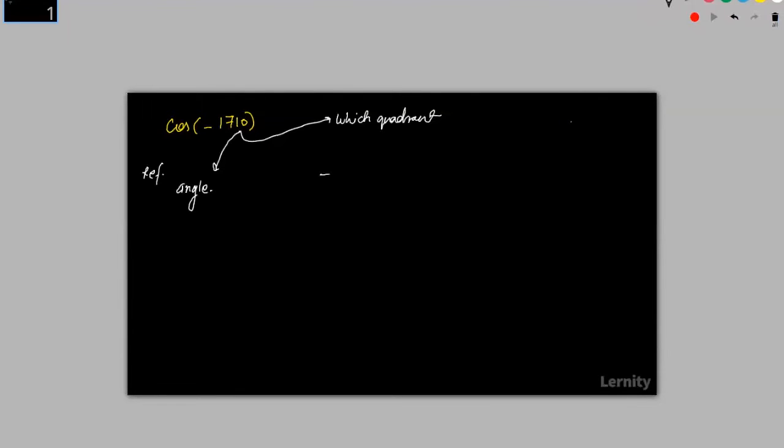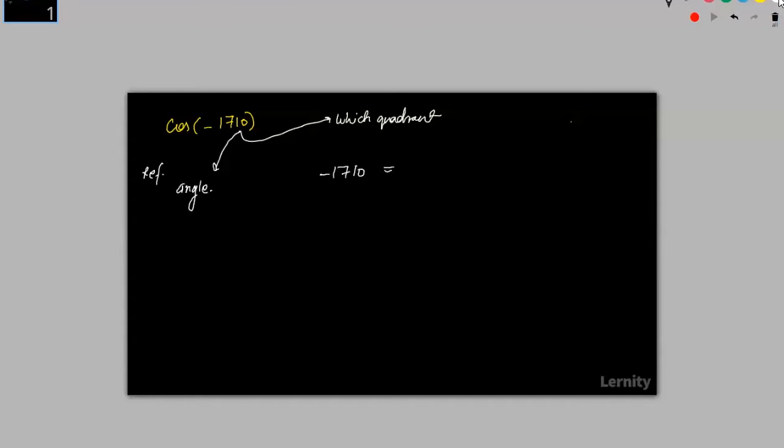So this is minus 1710. I can divide this by 360 and see what approximate value we get. 1710 divided by 360 is 4.75.